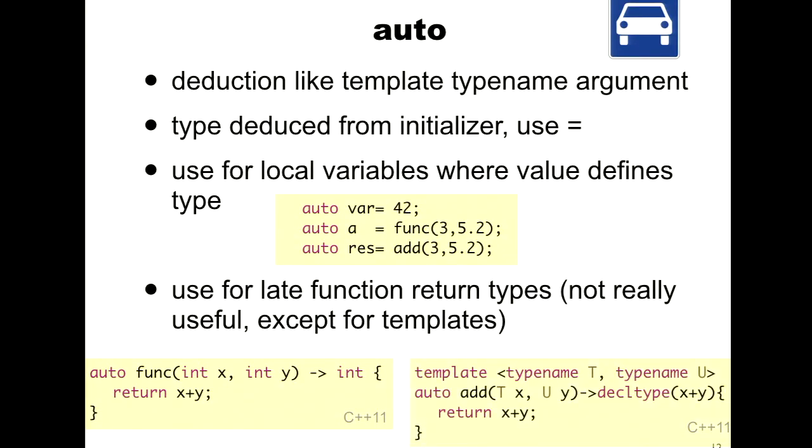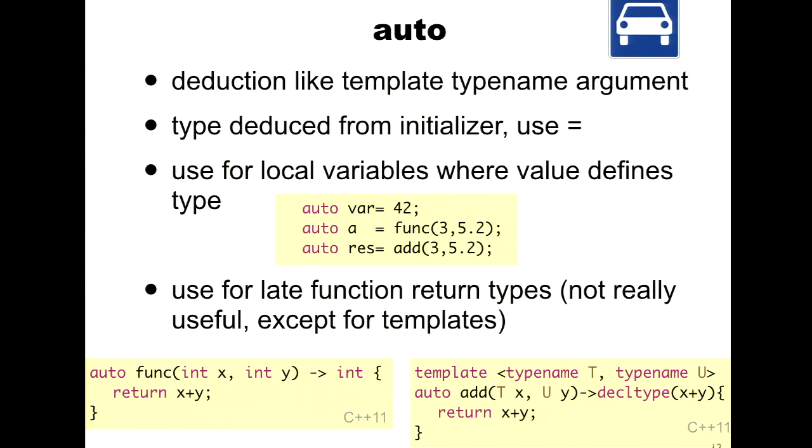The type deduction with auto works like template argument type deduction. It's deduced from an initializer, so we use equals or assignment. For local variables, we can use auto and then equals whatever expression we want to initialize it with.